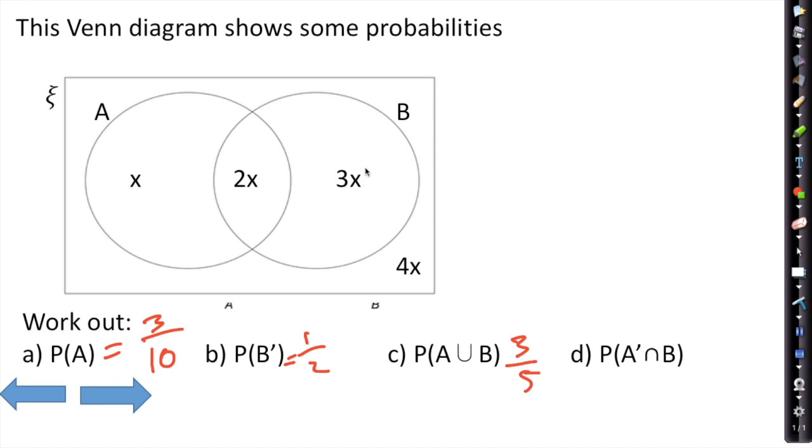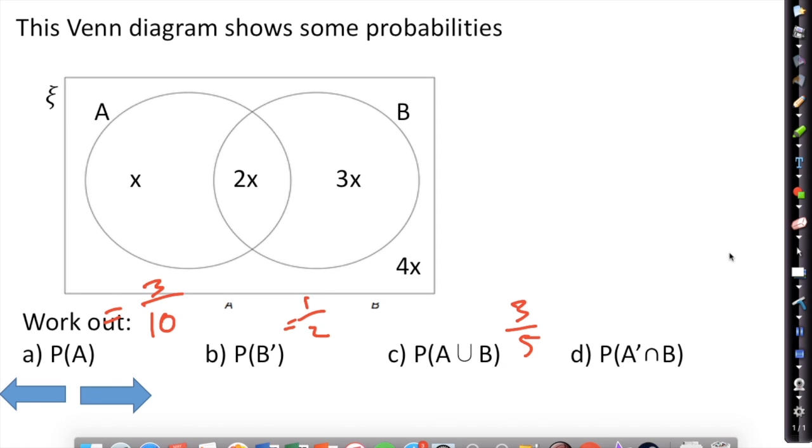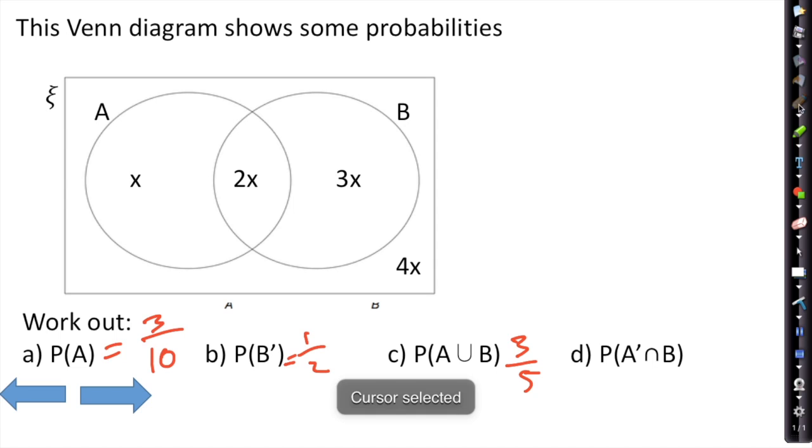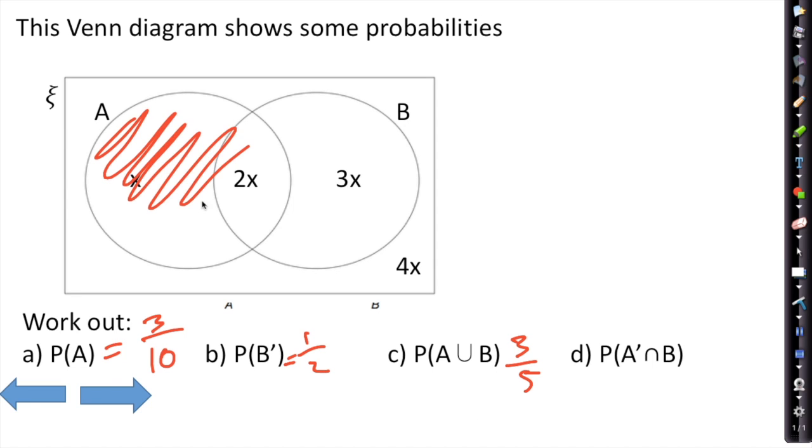The last one, and the tricky one, the probability that it is not in A, in the intersection of B. So it's not in A, but it is in B, so it'll be here.